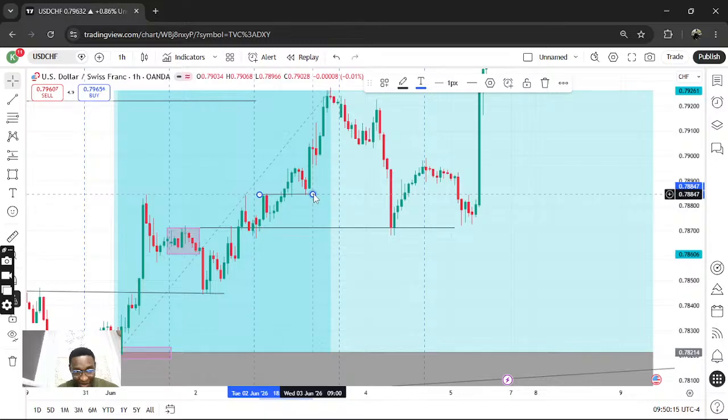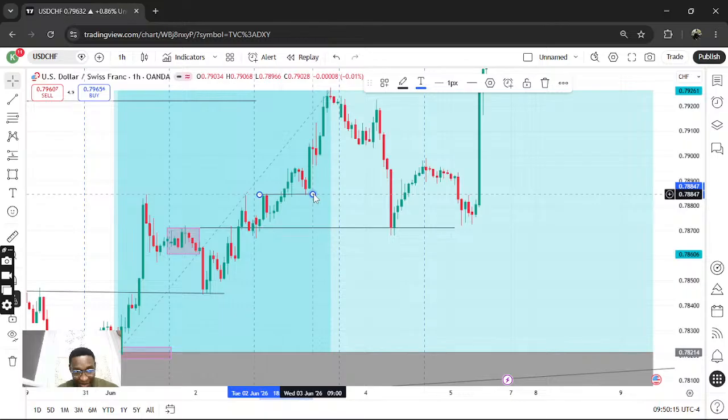So it just returned on it exactly 7 o'clock New York session. A sniper entry. You just need to enter it and place your stop loss just below it. And then you will have gotten this opportunity up to this point. I took this trade on Wednesday.